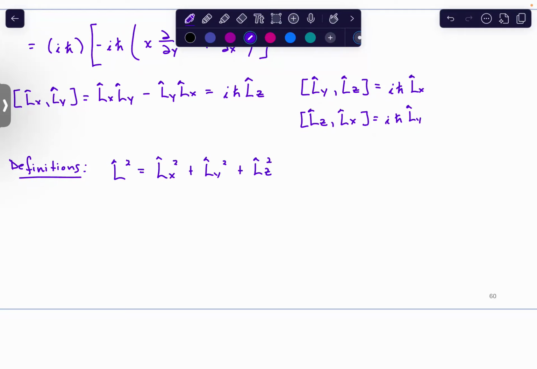Which we would expect just from vector mechanics. And also now the well-behaved systems: when L squared commutes with Lx, Ly, Lz, you get zeros.